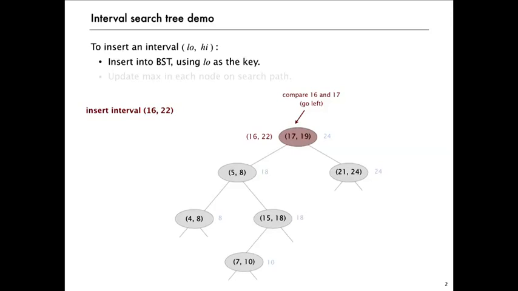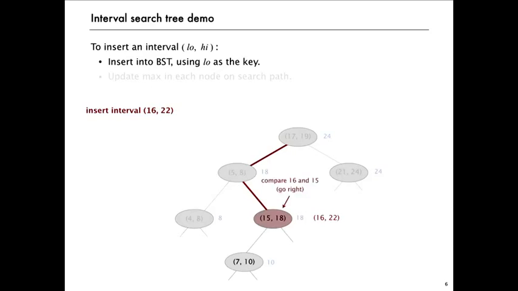To insert 16, 22 in this tree, we use the left endpoint as the search key. 16 is the left endpoint of our insert interval. We compare that with 17 and therefore go left. Now 16 is bigger than 5, so we go right. Now 16 is bigger than 15, so we go right. And that's null, so that's where we insert our new interval.